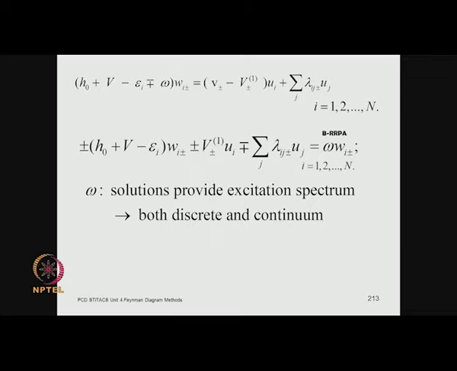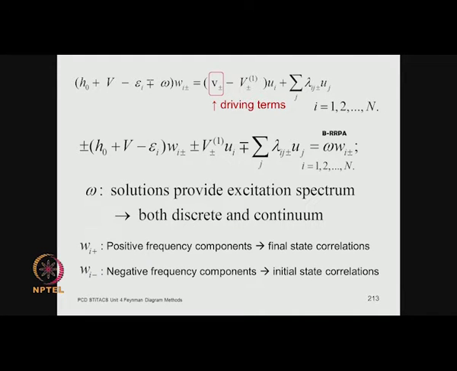We refer to it as interchannel coupling when we are talking about the correlations in the final state. So, these are the corrections that were introduced by Walter Johnson, Dalgarno and Lin, and the solutions will give you the excitation spectrum, you get the bound state spectrum, you get the continuum, and all the solutions can be obtained using this method in response to the driving term.